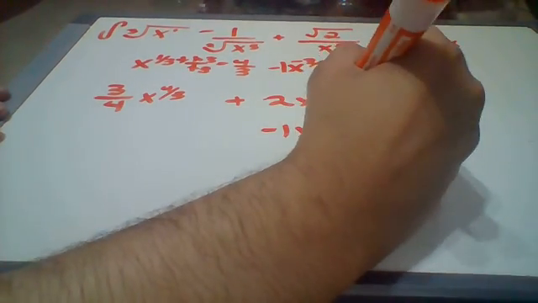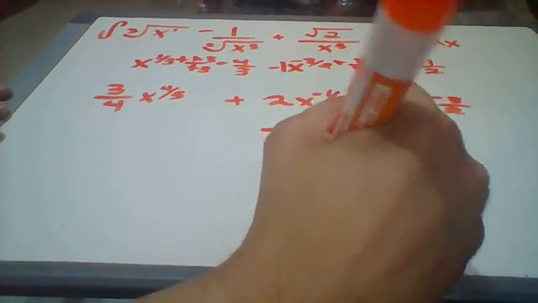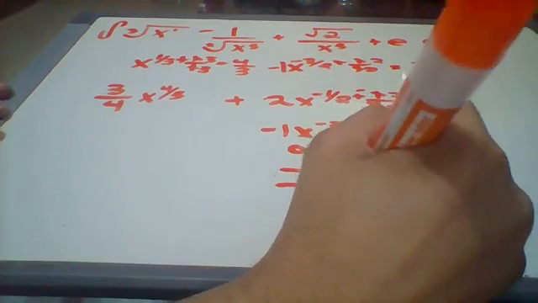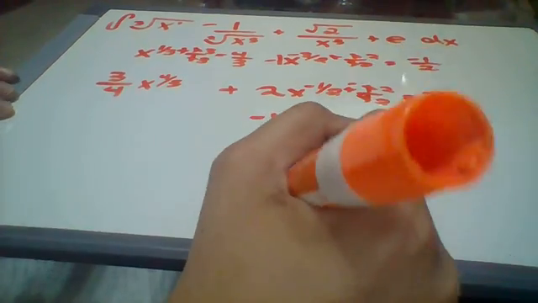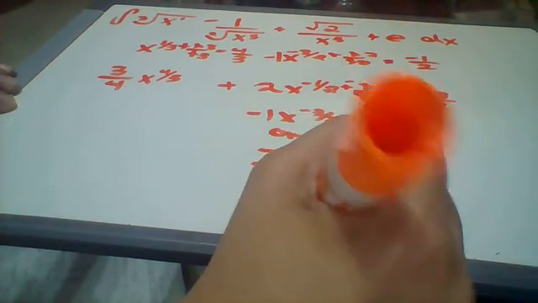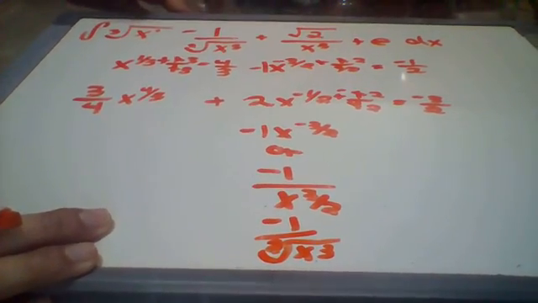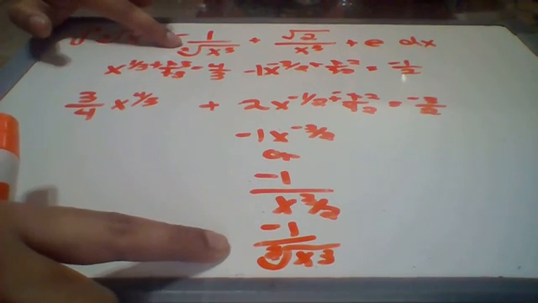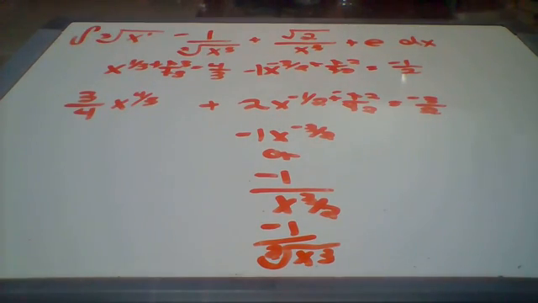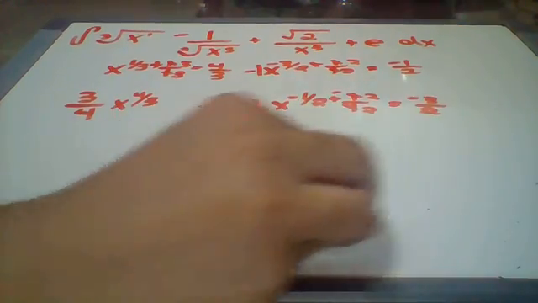So x to the negative 3 halves, or negative 1 over x to the 3 halves, which is basically negative 1 over the square root of x cubed, which was basically the term we started with. So that's how antiderivatives work, and that's how you can check your work. So anyway, back to the problem. Let me erase this.